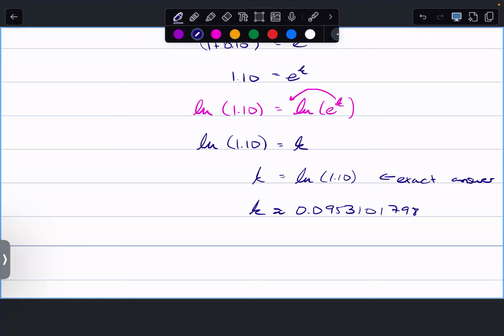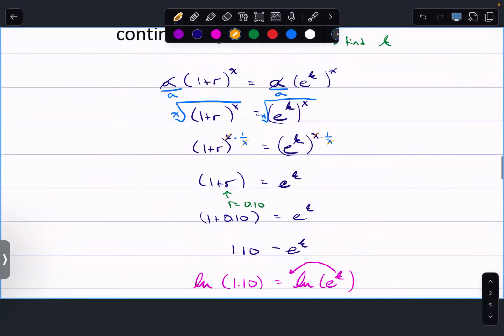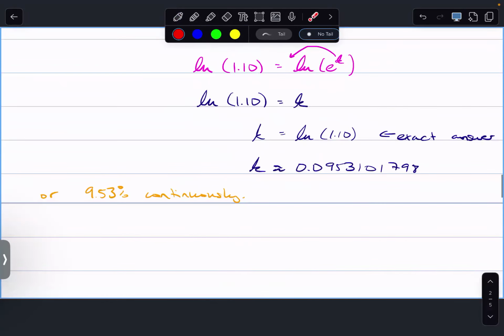If you're growing continuously, then you don't need as fast of a rate as 10%. There are lots of ways to check your answer to make sure it makes sense. 10% each year versus the continuous growth rate of 9.53%, just slightly less, but still relatively close. I'm happy with that.